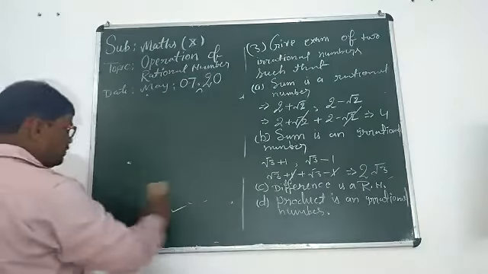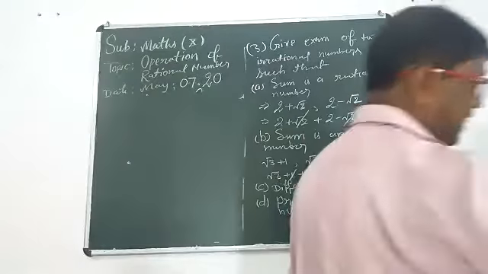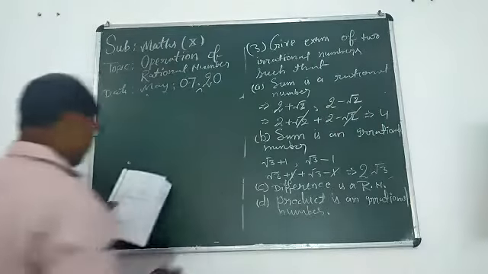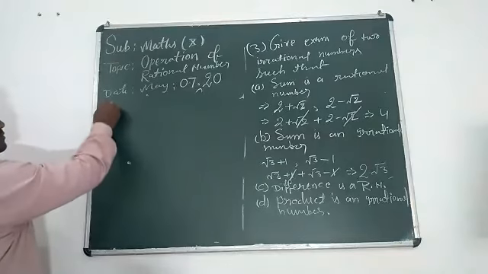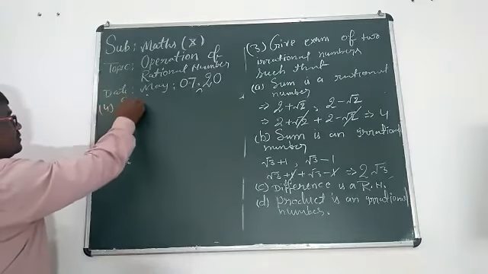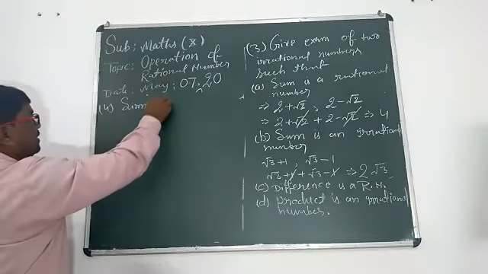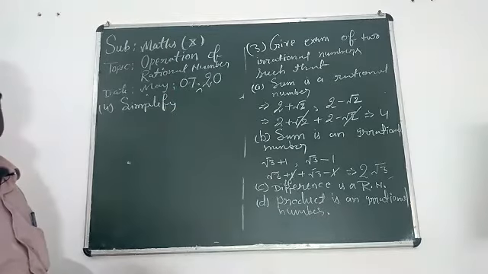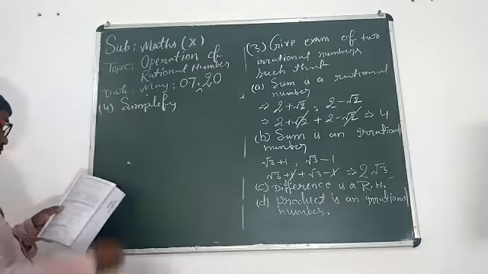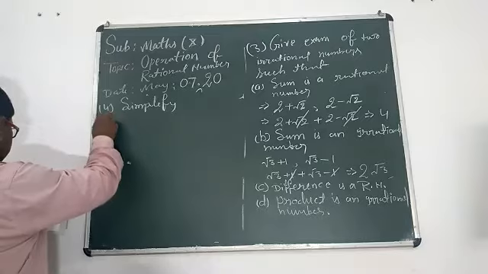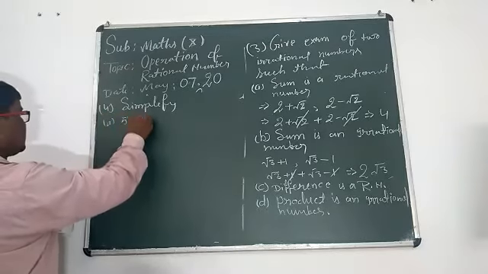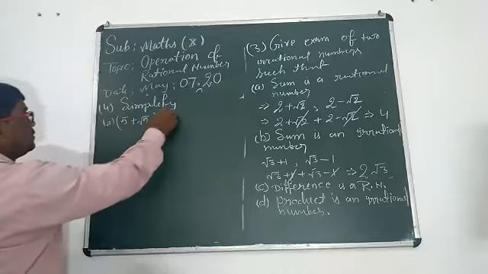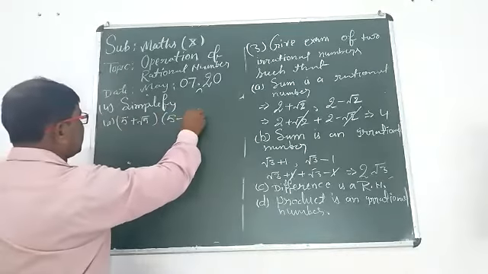Now, student, fourth type of question related to this topic. Simplify the following. That is called simplification. First question, 5 plus under root 5 into 5 minus under root 5.